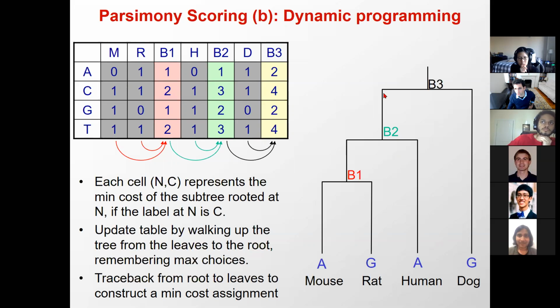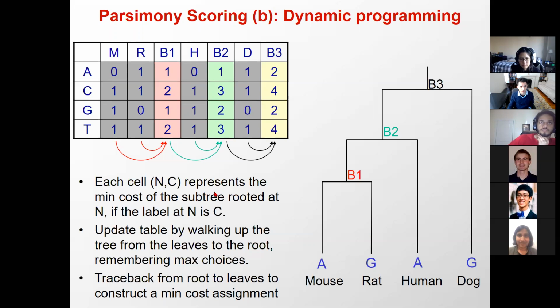And then incorporating the dog as well, the dog would have to pay a penalty unless it's a G. And therefore, the additional score all the way to the top is simply the sum of those. And therefore, I can have two different settings for B3. That's either an A with score of 2 or a G with score of 2. And anything else has higher scores, so I'm not interested.